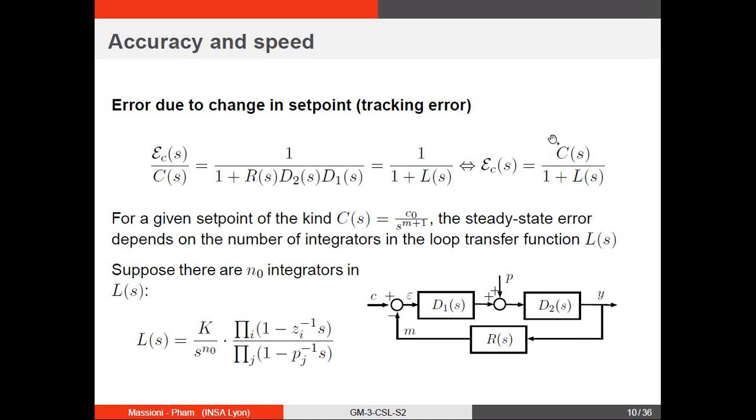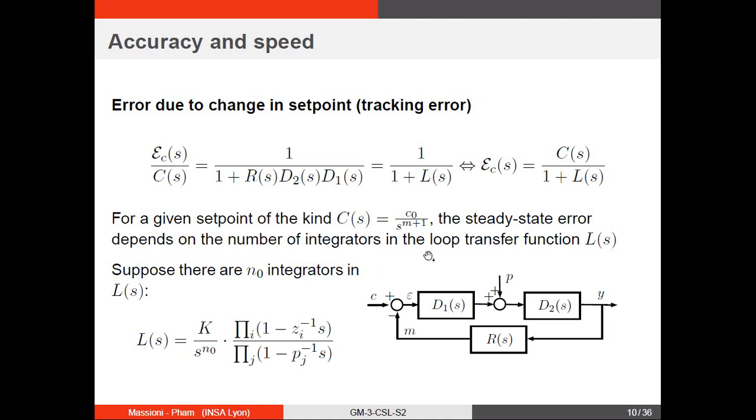And it turns out that for this kind of set points, as we've seen before, just basically c naught divided by s to a certain power m, the steady state error depends on how many integrators there are in the loop transfer function. What does it mean, how many integrators there are in the loop?